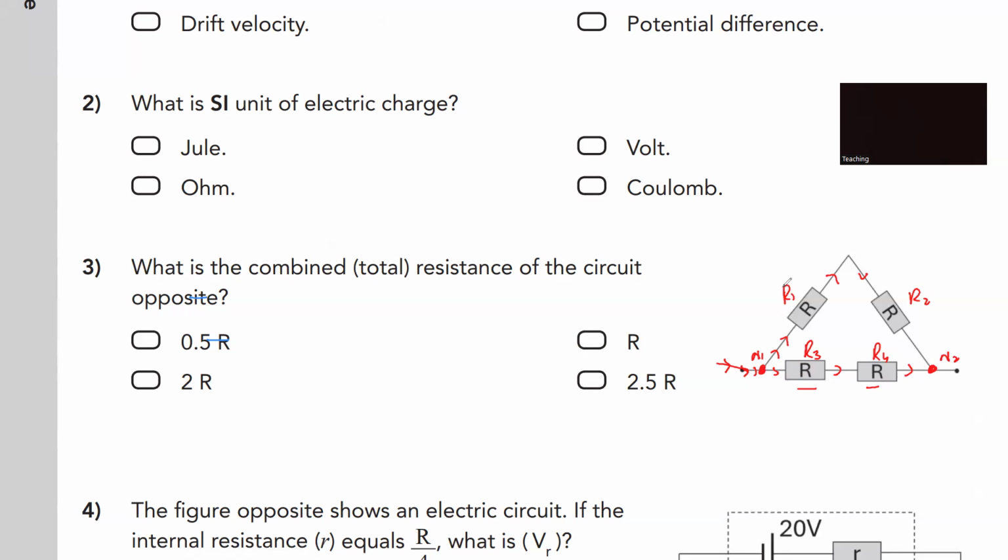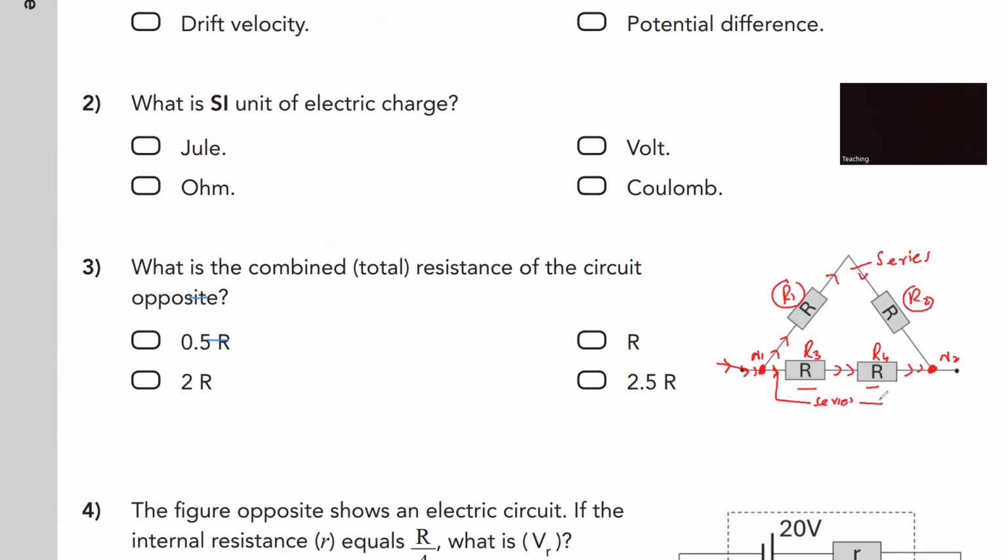Look at this very deeply. R1 and R2, the current is moving in one direction, so there is no node between R1 and R2. So R1 and R2 are connected in series. Similarly, for R3 and R4, the current is moving in one direction from node 2, so R3 and R4 are also connected in series.